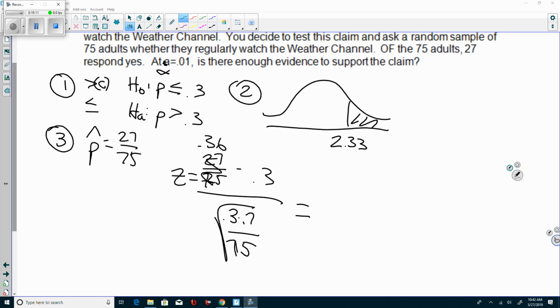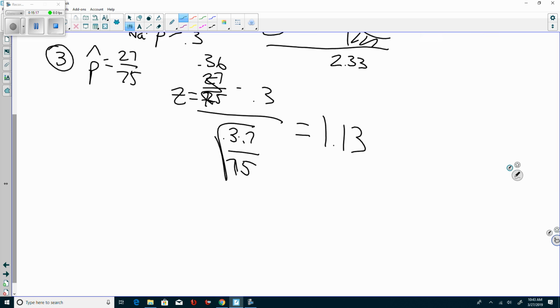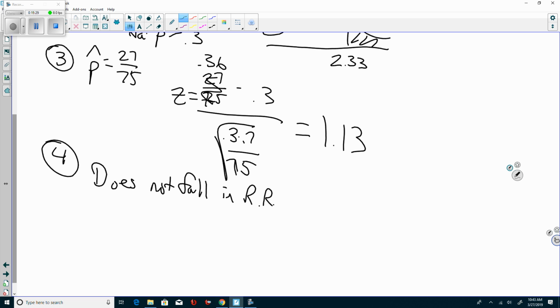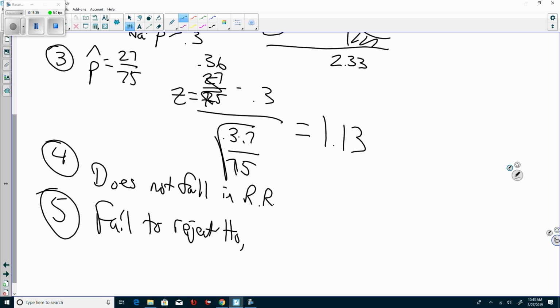So then this is 1.13. Does it fall in the rejection region? No. Does not fall in rejection region. So fail to reject the null hypothesis.